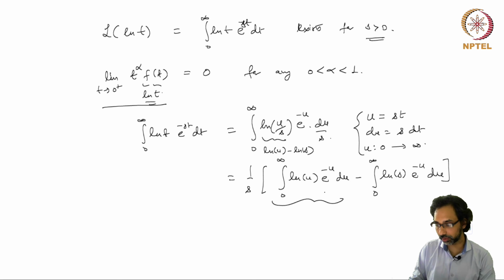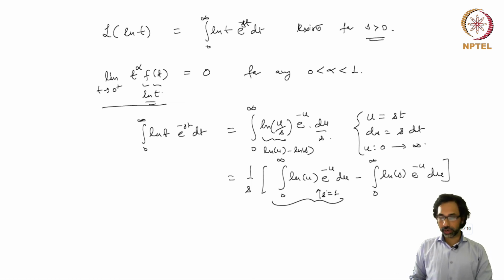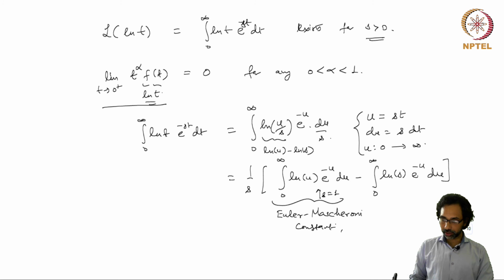So in particular for s equal to 1, we get this integral, and so this integral is finite, and the value of this integral is called the Euler-Mascheroni constant and usually denoted by gamma.